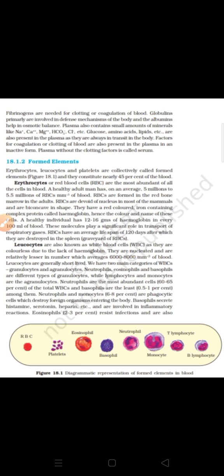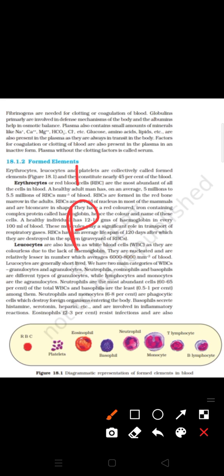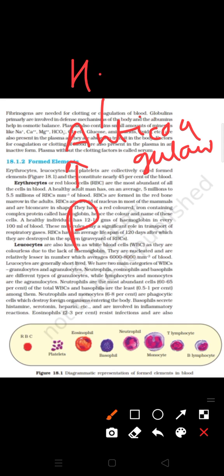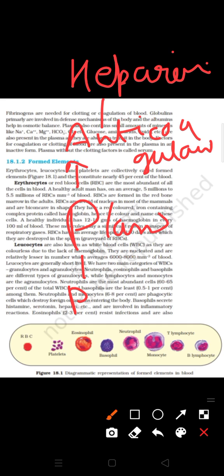Now I'll tell you one simple structure related to plasma. Suppose it's blood plasma. Blood plasma has one anticoagulant, known as heparin. Heparin is the anticoagulant present in blood plasma.